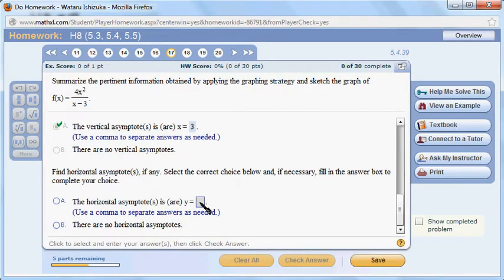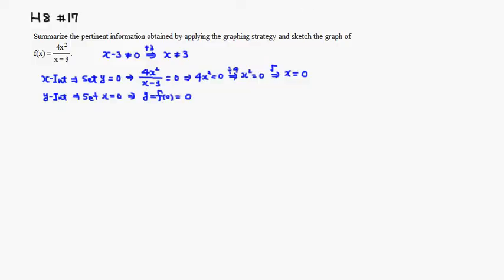The horizontal asymptote. If you want to find the horizontal asymptote, what we need to do is take the limit of the function, 4x squared over x minus 3, as x approaches infinity.